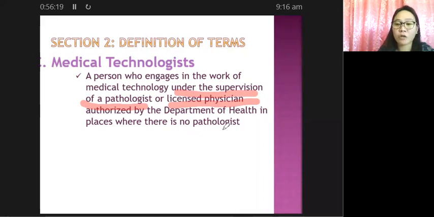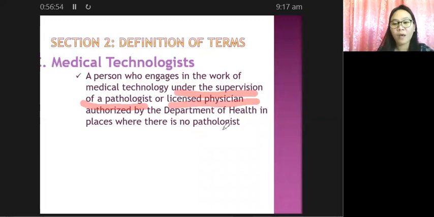in some parts of our country, particularly if we are going to consider far-flung areas, there are areas that do not have any pathologist. Okay, so in that case, what the Department of Health did is to authorize physicians to head laboratories only when there is no pathologist available in that particular area. Can we call this physician a pathologist?